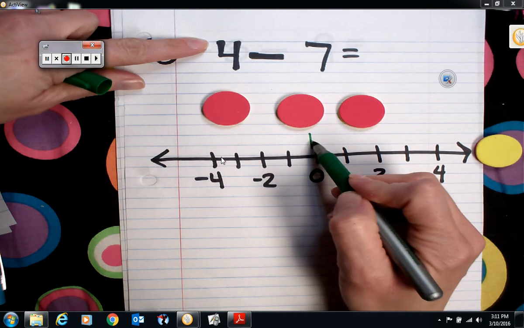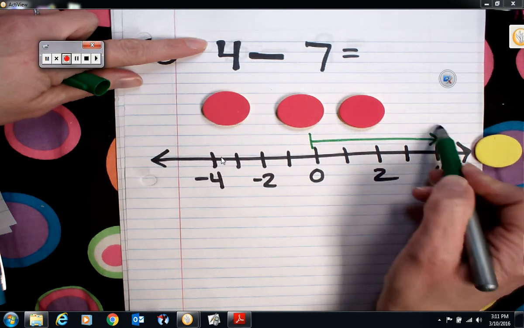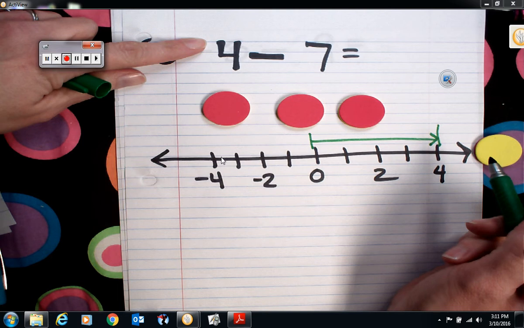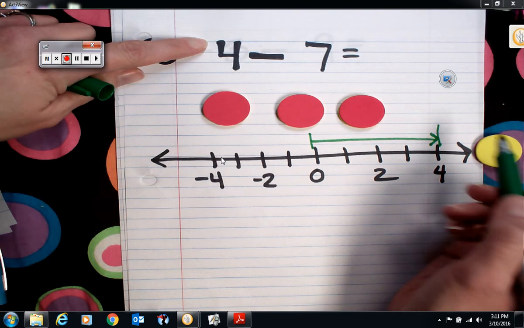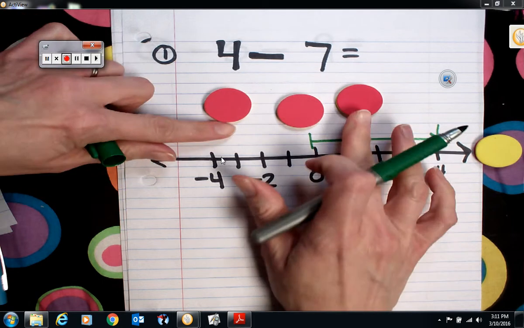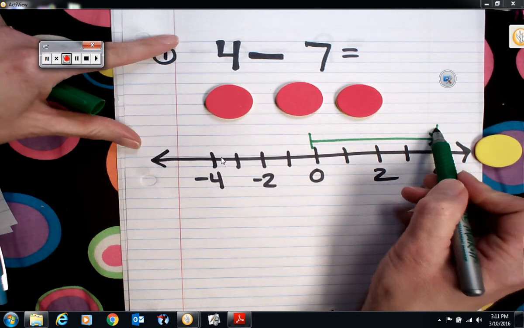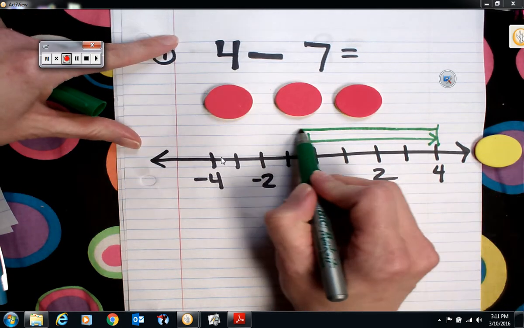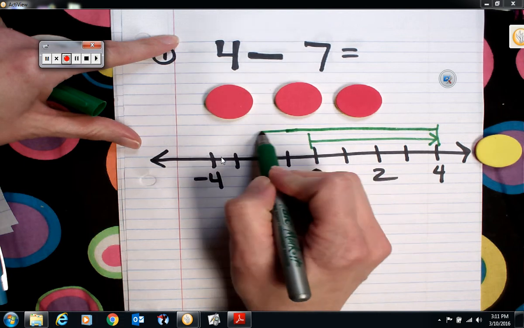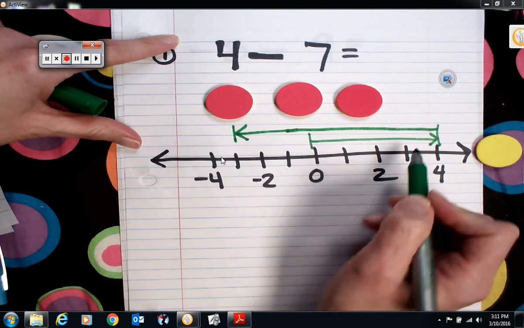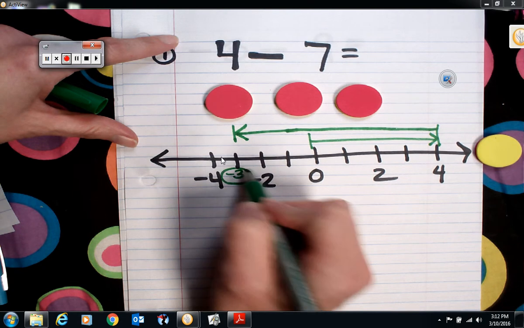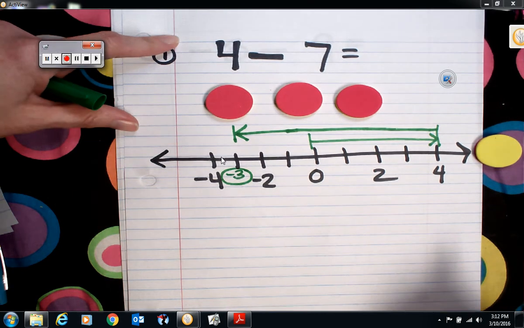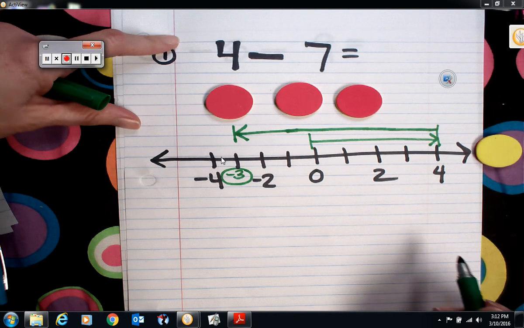So I draw an arrow to the right to positive 4 to represent the positive 4, the first integer. And I want to take away 7. So anytime I subtract, I move to the left. So I'm going to subtract 7. And if I move 7 spaces to the left, I end up right at negative 3. So it works with a number line as well.